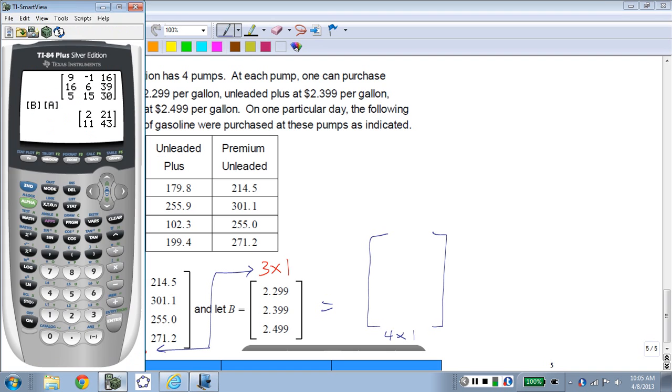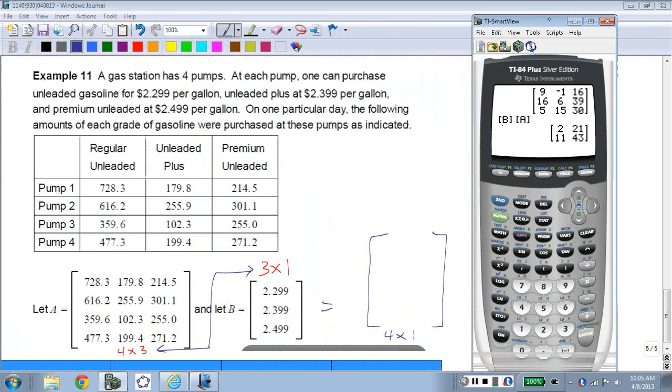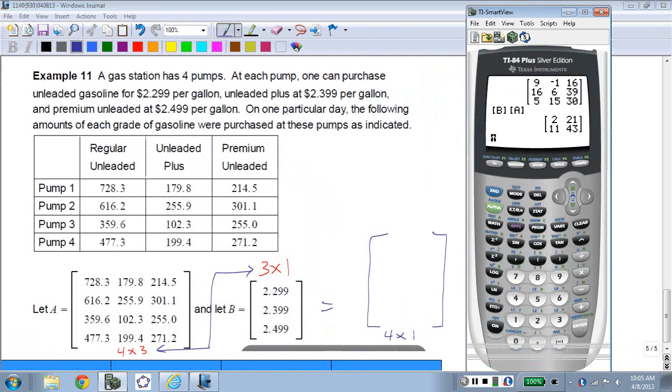Let's see what the calculator does with this. If I say second matrix, edit matrix A, make that into a 4 by 3 matrix, and punch these entries in, goodness. Enter them by rows.